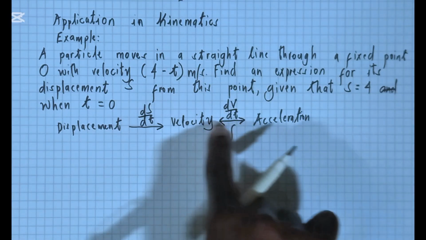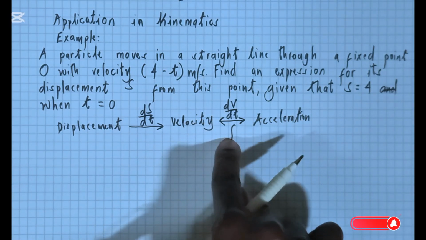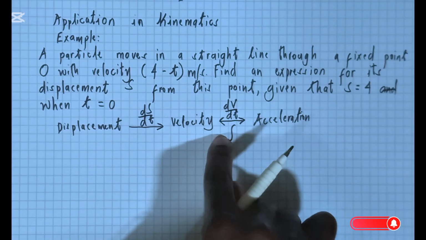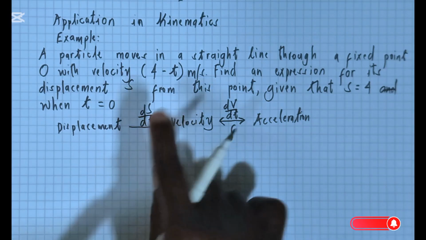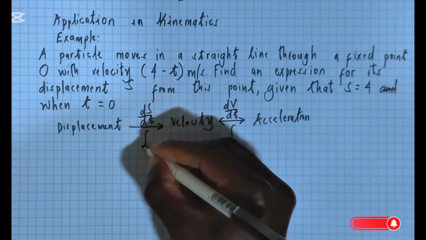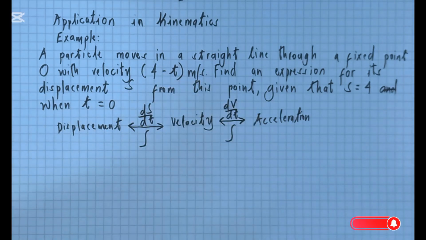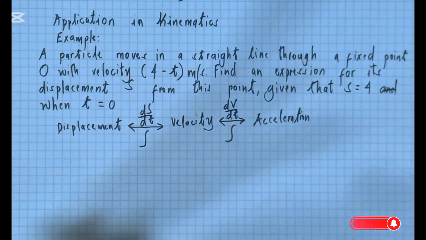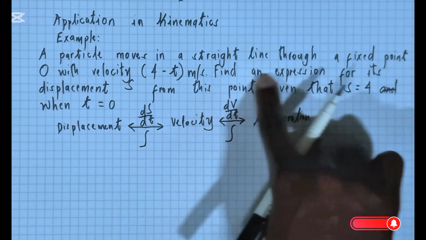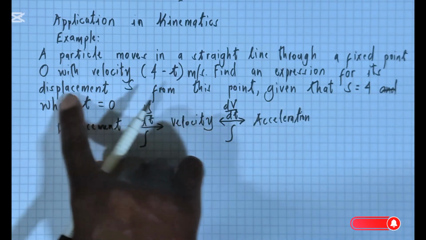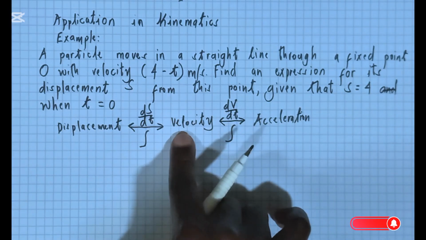You just have to know what you're doing to know what you're dealing with. In this particular case, we have been told to find displacement, and we've been given the velocity.